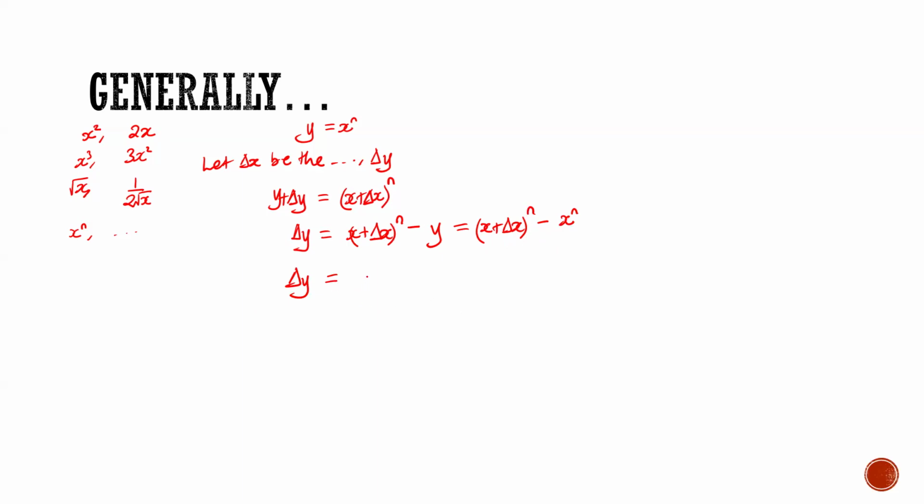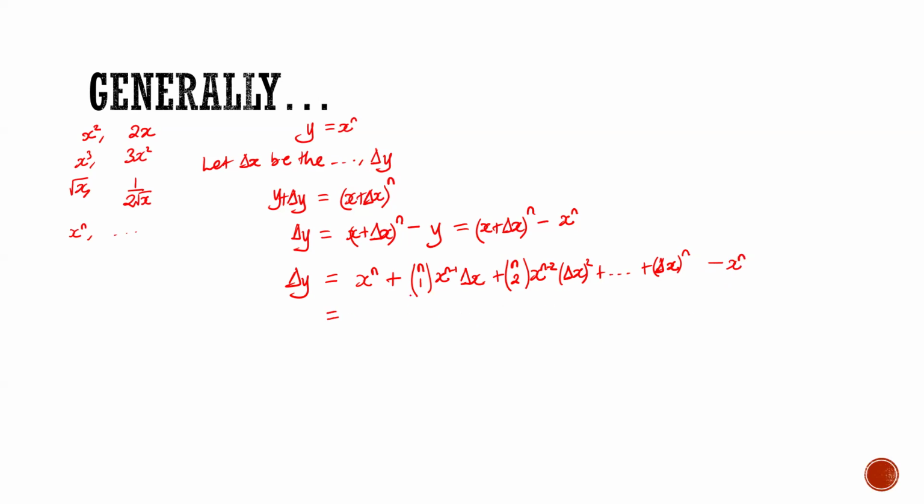And so we know that that is the same as x to the power n plus n combination 1 times x to the power n minus 1 times delta x plus n combination 2 times x to the power n minus 2 times delta x squared, all the way up to delta x raised to the power n, and then we're subtracting x to the power n.